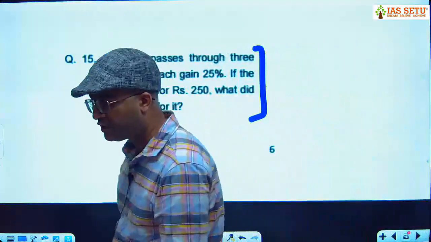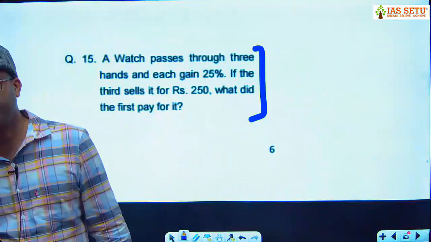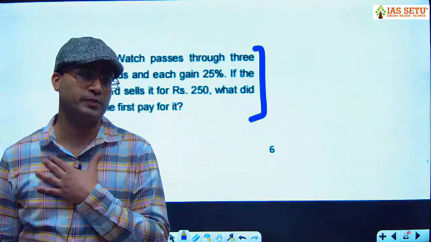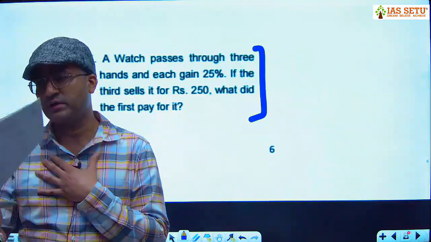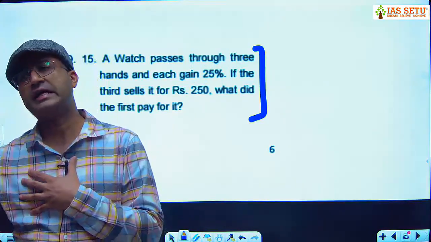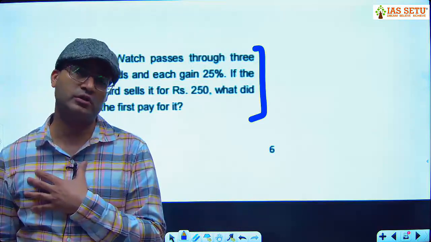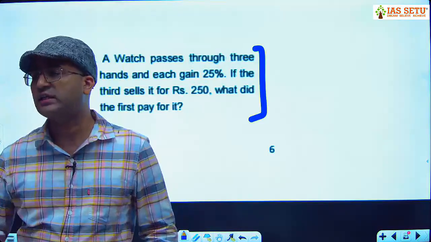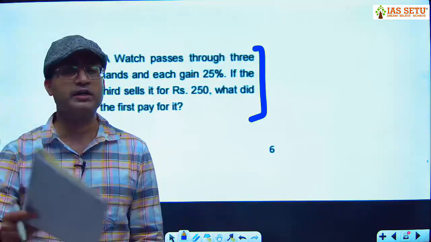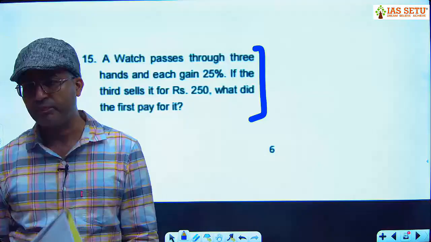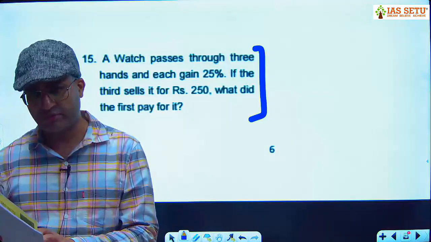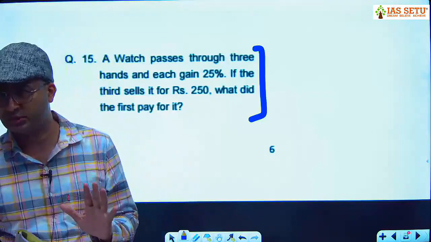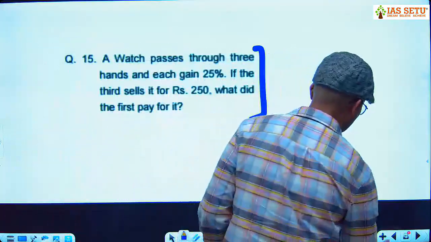She makes profit 25%. She makes profit 25%. Generally in question, it has to be given my cost price. I add my profit, then she adds profit, and I can find in what amount the third one has sold. But ये question उल्टा है. ये question क्या है? If the third sells it for rupees 250, what did the first pay for it? ठीक है? Before we handle this question number 15, before we learn this chain rule, I ask one easy question. पहले एक easy question आपसे पूछता हूं.